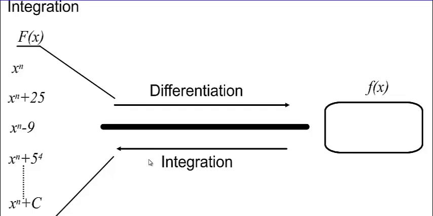I don't know whether you've ever seen a place where there's no way backward. So integration, if it's a process, it's important to see whether we can find a process which reverses that process.